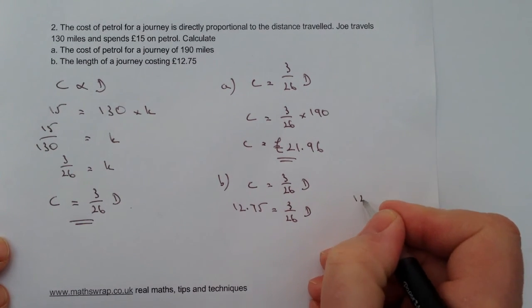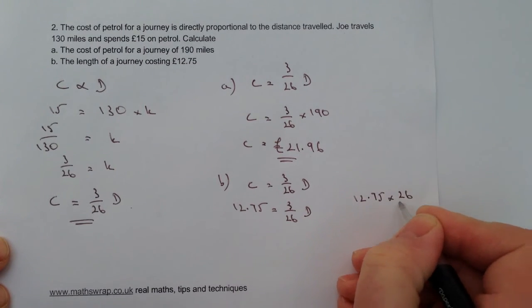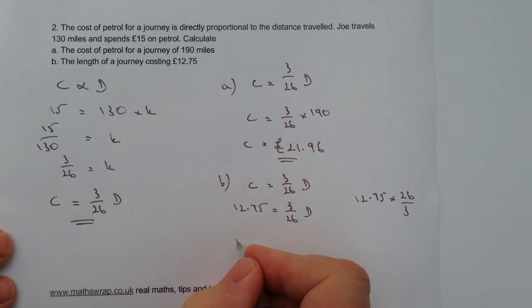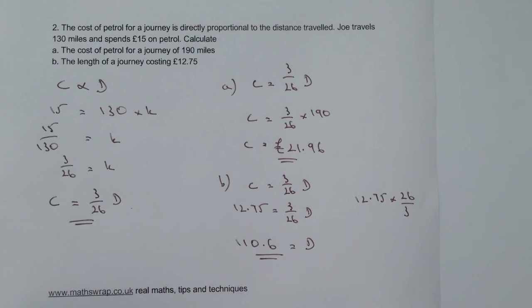So I'm going to do 12.75 times 26 over 3, and again it's just dealing with fractions. If you're not sure about that, then maybe using a decimal equivalent will work perfectly well for you, and that's going to give you 110.6 equals D, which is the miles, 110.6 miles.